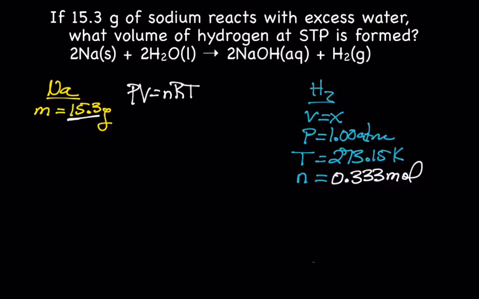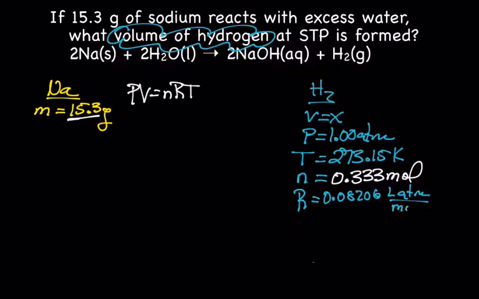Now we have enough information to actually solve for our original question, which is what volume of hydrogen is formed. So we need to put in our R, and then we can use the ideal gas law. And because our pressure is in atm, we'll be using the 0.08206 liter atm over mole K. Okay, so let's plug this information into the ideal gas law, and we've got our answer. So our pressure is 1.00 atm.